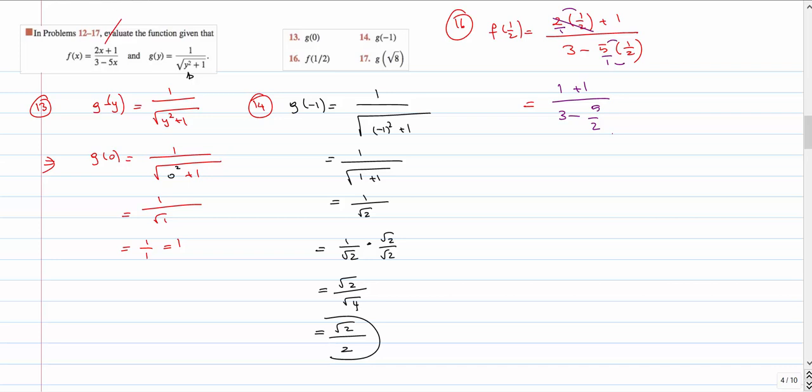Okay. Now I would like to have, of course, my denominator. So let's combine the top over. This is over 1, so I have to multiply top and bottom by 2 to have the same denominator. So 6 over 2 minus 5 over 2.